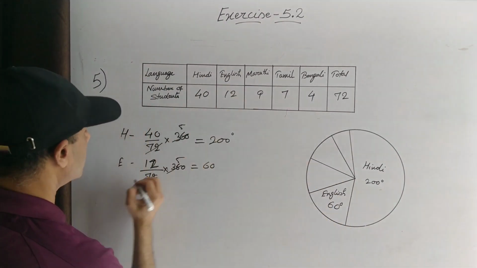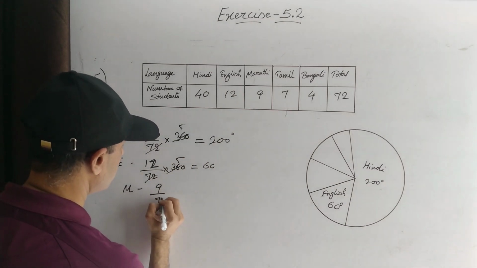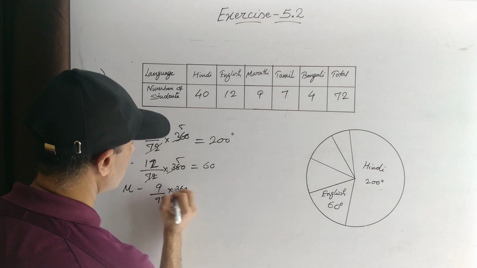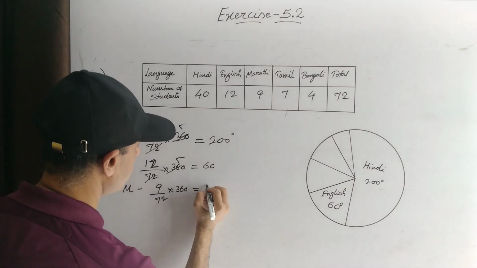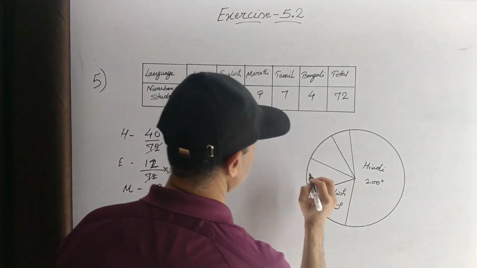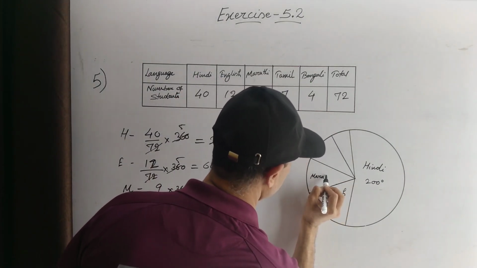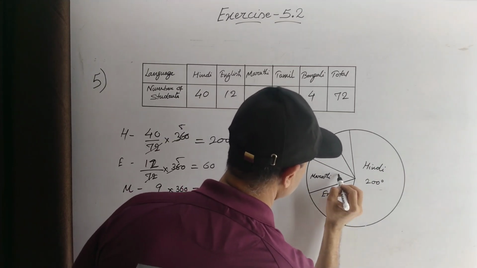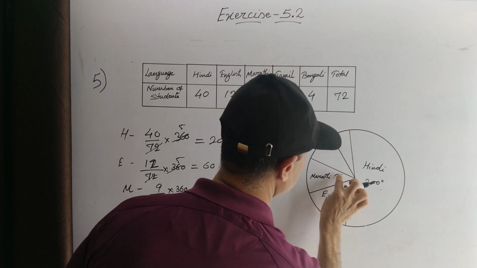Correct? Then Marathi. 9 people out of 72 speak Marathi, which will be into 360 degrees. So again, it will be 45 degrees. So this will be Marathi, and this angle will be 45 degrees.